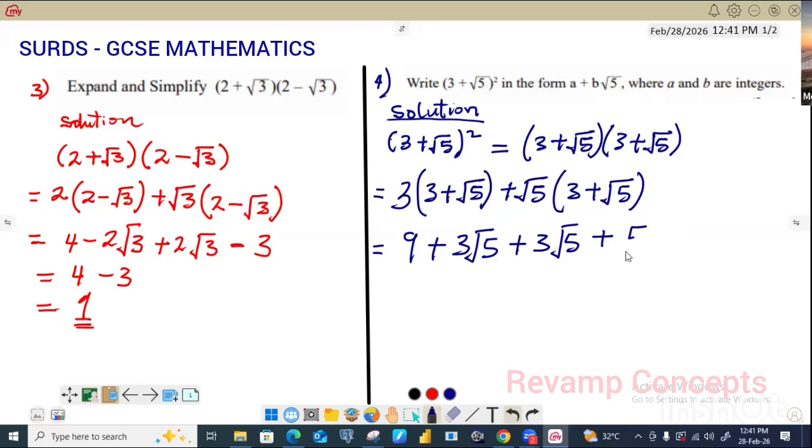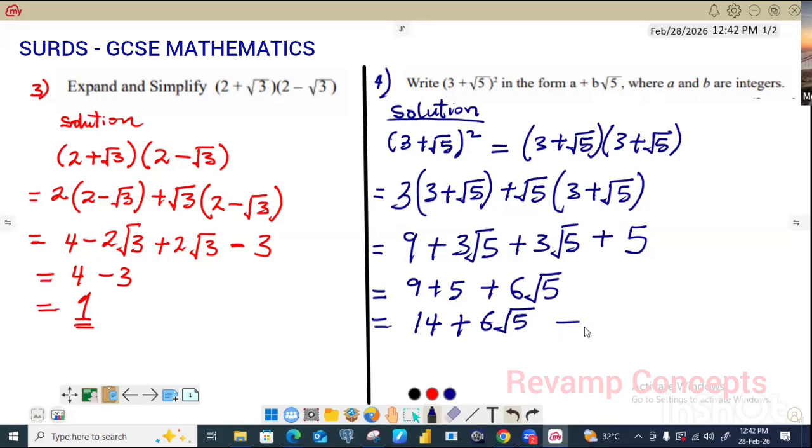Root 25 is 5, so we are going to have 5. So moving forward, 9 plus 5, and 3 root 5 plus 3 root 5 will give us 6 root 5. It's like saying 3x plus 3x, that will be 6x. So our final answer will be 9 plus 5, which is 14, plus 6 root 5.